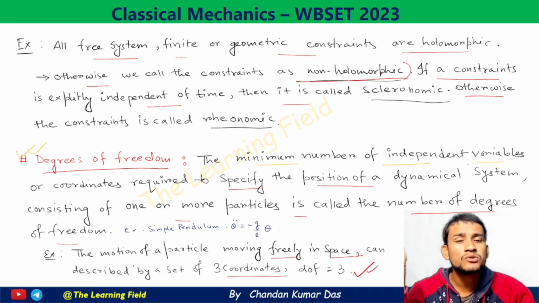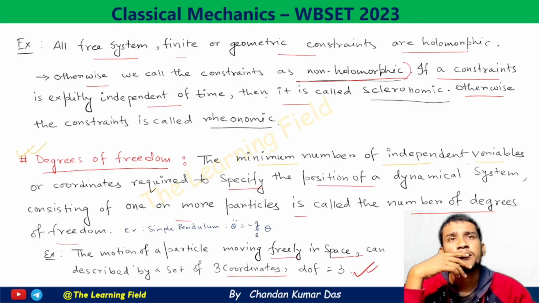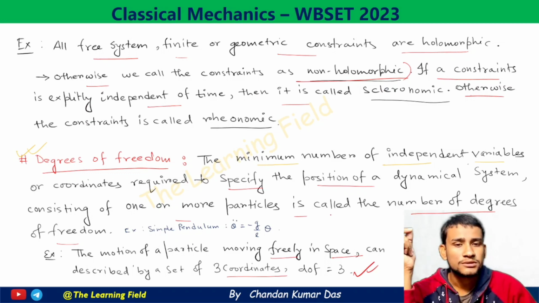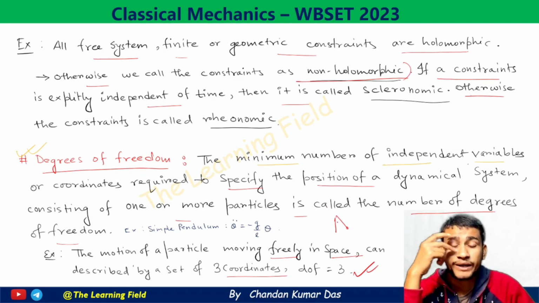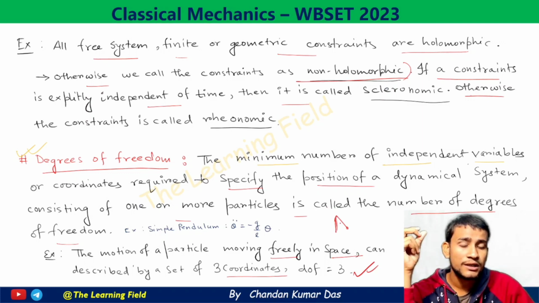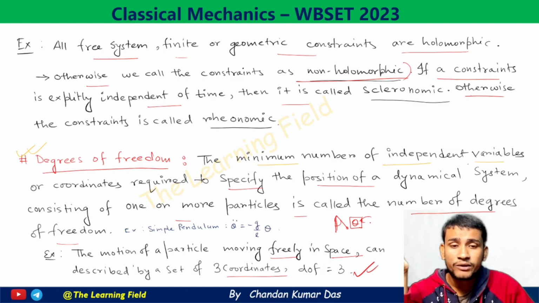Suppose you take a simple pendulum, then there is only one degree of freedom, which is theta. You see that the motion of the simple pendulum is based on only theta. There is only one variable, theta.